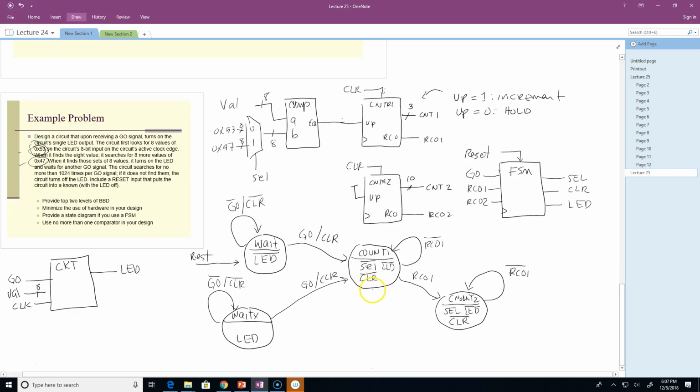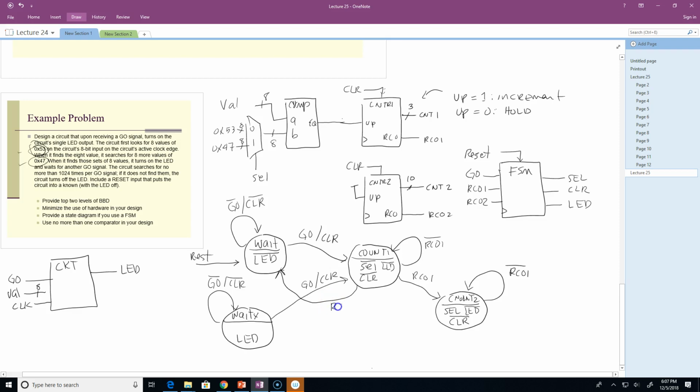From this state, I need to consider RCO2 because this thing could time out. Timing out means the RCO2 turns on before I go anywhere.